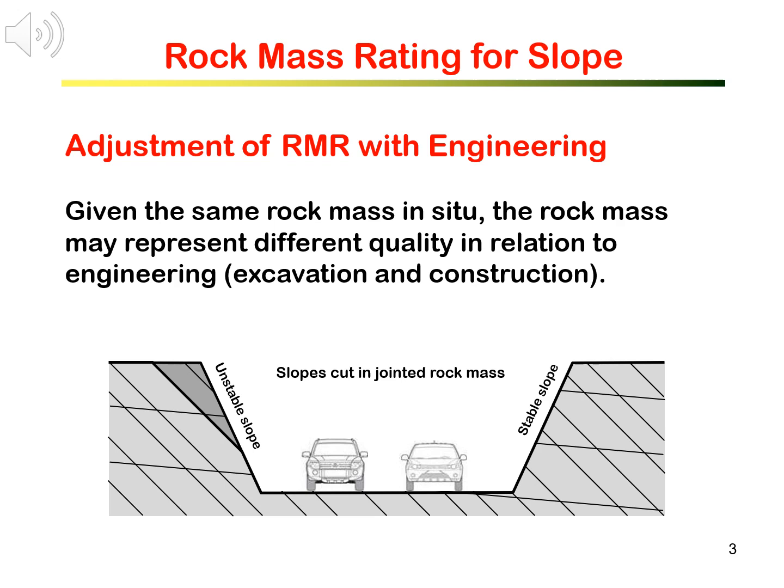The rock masses on both sides of the slope is the same rock mass on site. Yet, let us assess the stability of the left and the right slopes. Do you think they are equally stable?